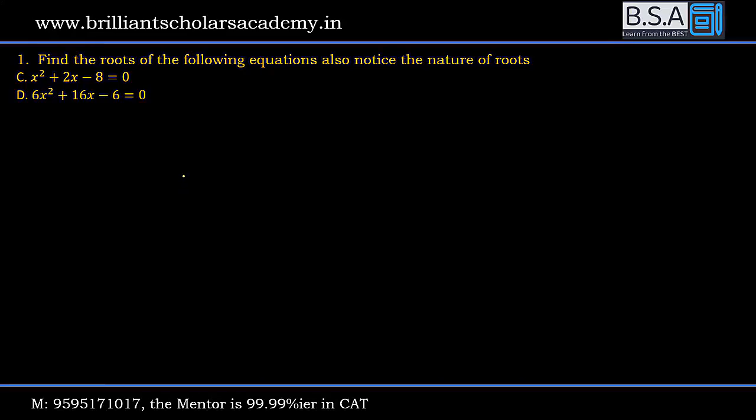One thing I want you to learn: whenever the sign of first and last term is not the same, A is positive, C is negative, or A is negative, C is positive, in both cases the roots are always real and distinct. Highlight it. When the sign of A and C is not the same, roots are always real and distinct. Always. So here there is a minus and a plus, so the roots are distinct. Whether they are integers or not, whether you can factorize this or not, that matters. All of that will matter.